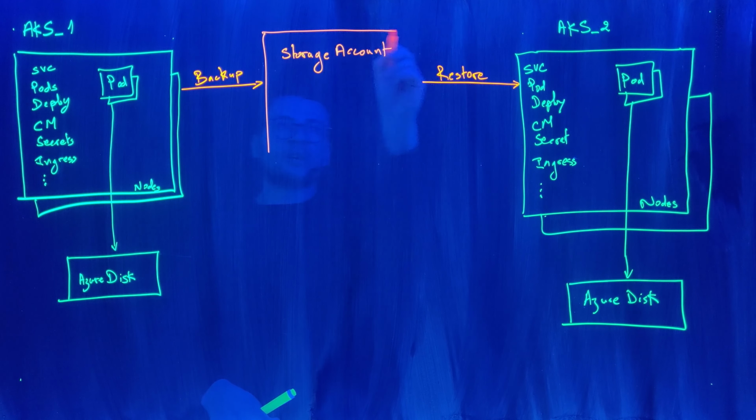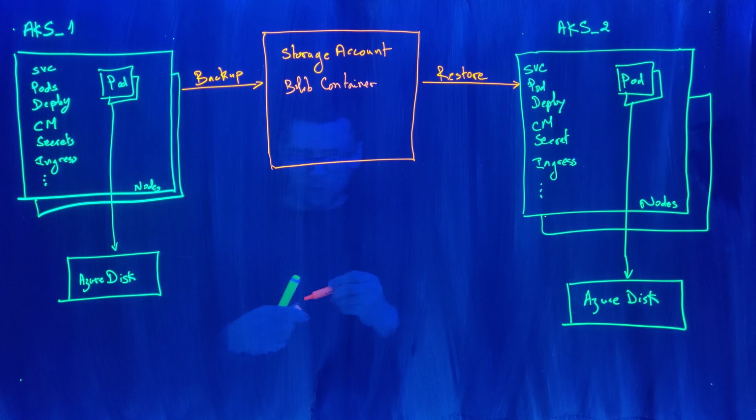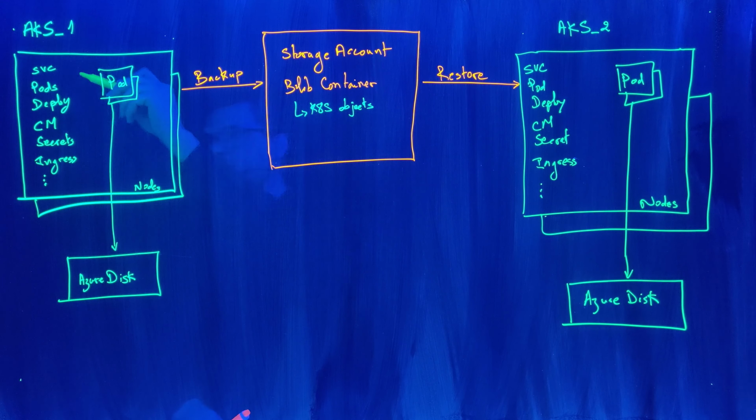Within that storage account, we need to have a Blob container, and within this Blob container we'll save those Kubernetes objects, I mean those deployments, pods, config maps, secrets, and so on. We'll also save the logs from my clusters right here. Great, so that's for those YAML or Kubernetes manifest files.